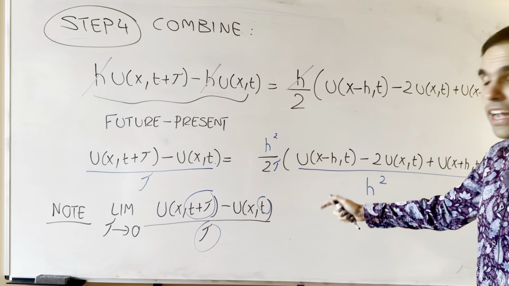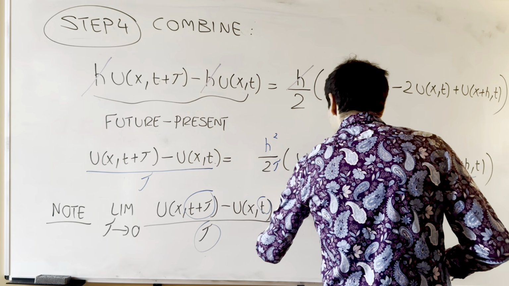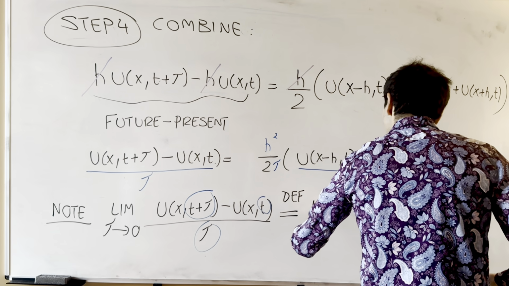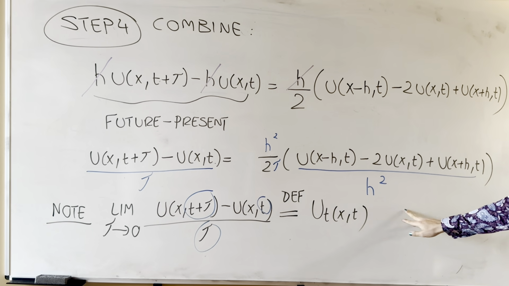And this precisely should go to the t derivative of u. So by definition of a partial derivative, that should be u_t(x, t). That's on the one hand.